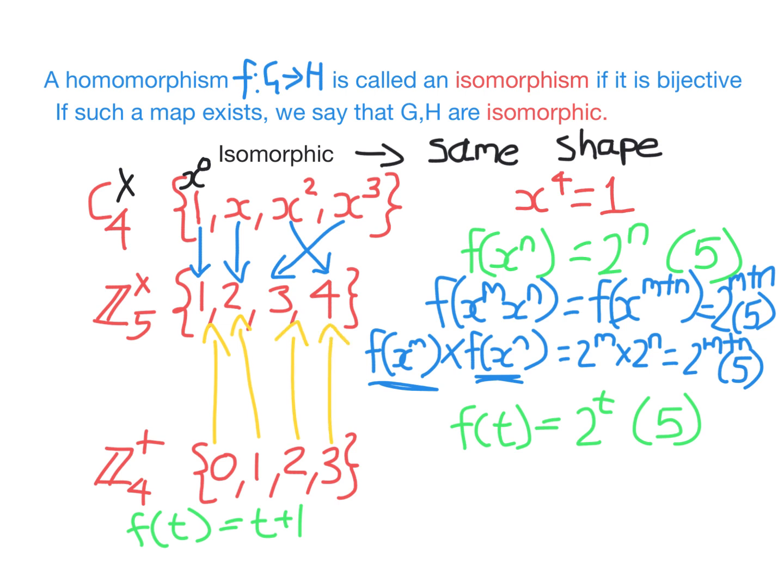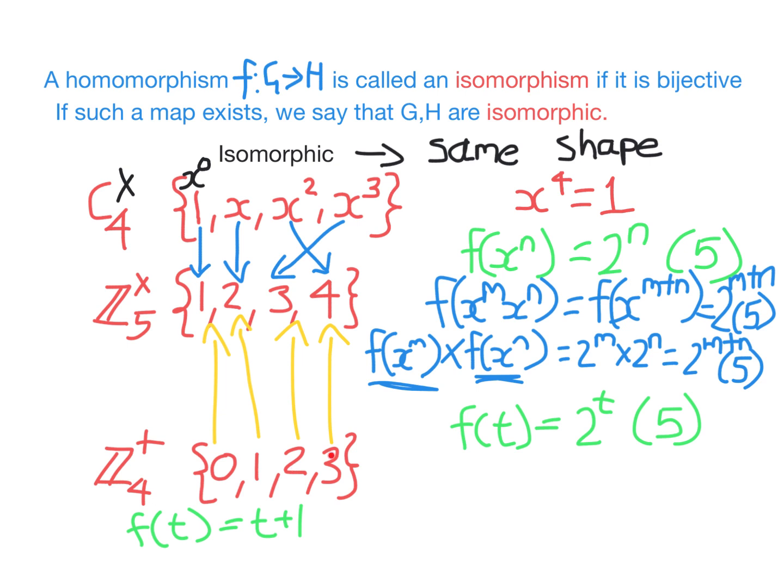Now this is clearly a bijection, but it's not actually a homomorphism. The reason it's not a homomorphism, it doesn't preserve structure. These two elements have been mapped to the wrong elements in this set. As an example, in this set, we already said these two are inverses, but in this group, these two are not inverses. 1 plus 2 doesn't give you 0 in mod 4.